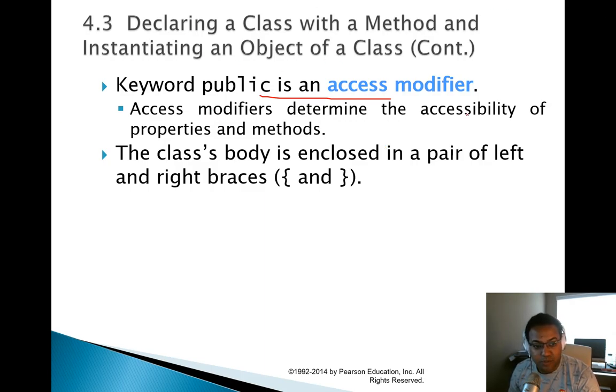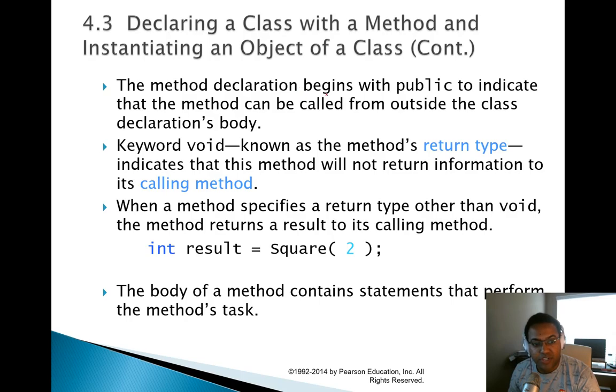Access modifiers determine the accessibility of the properties and methods. The class's body is enclosed. We know that already. So let's keep going. The method declaration begins with public to indicate that the method can be called from outside the class. The keyword void, known as the method's return type, indicates that this method will not be returning a value. When the method specifies a return type other than void, the method returns a result to its calling method.